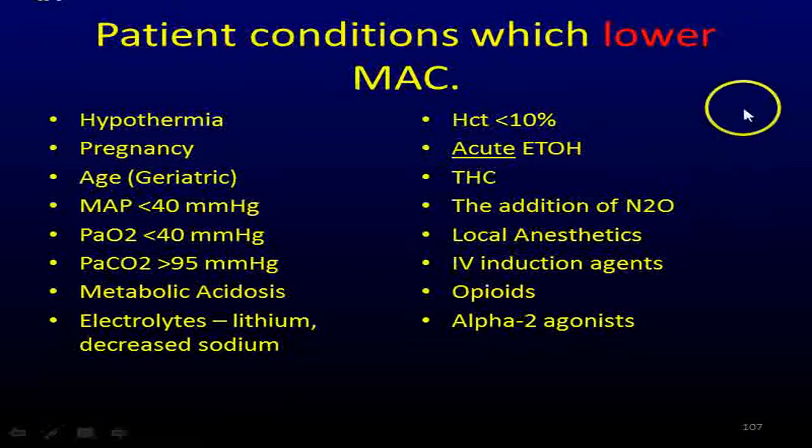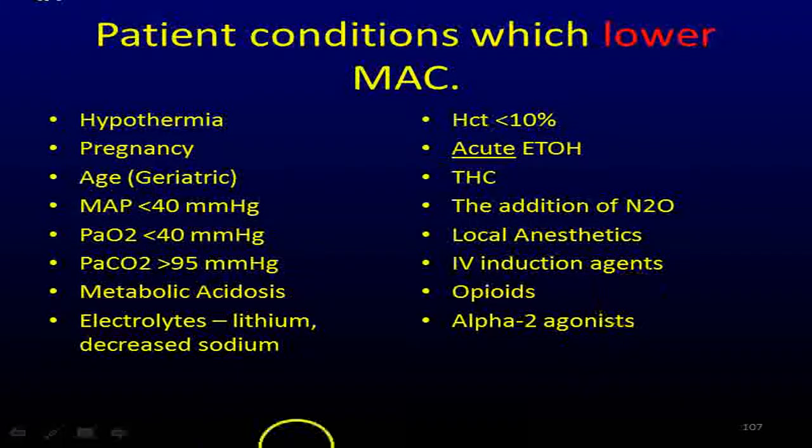Duh. I can't believe I made that mistake. Such a common mistake. Anyway, we've been talking a lot about MAC. It's what drives what we administer. It's our dosing guide. Now we have to understand why we deliver it, how the circuit's affected, how the flow's affected, how the body takes it up. We're starting to get an idea of that. We're not experts.